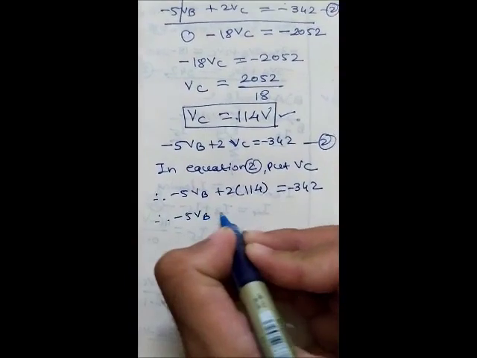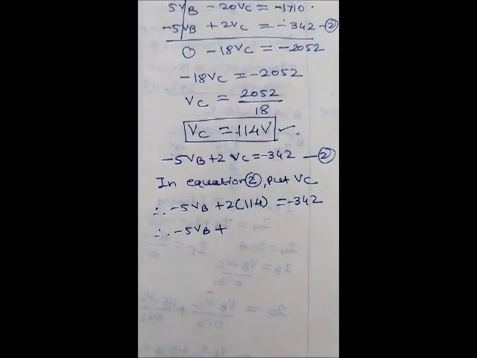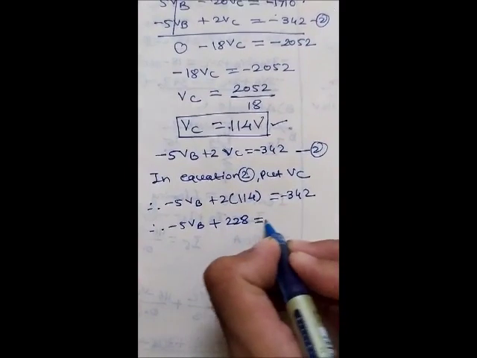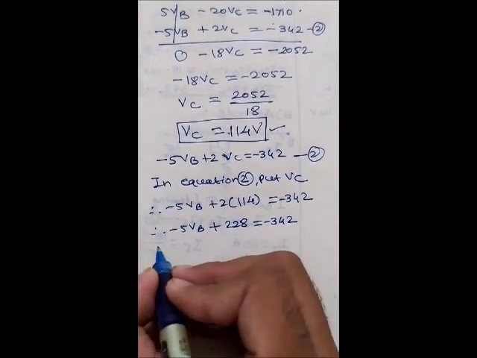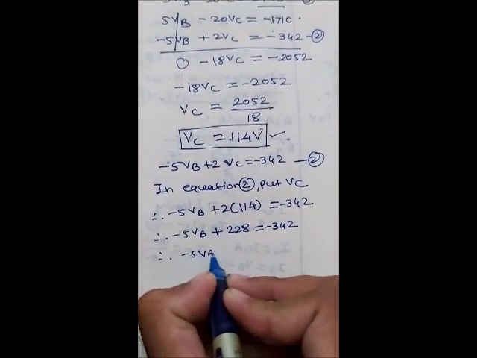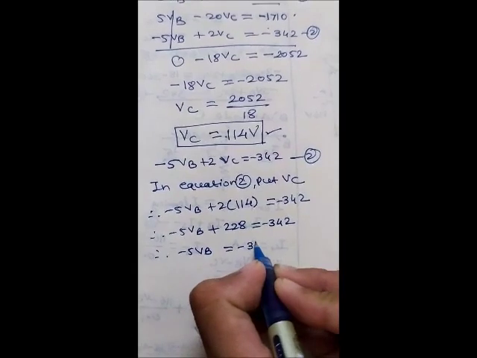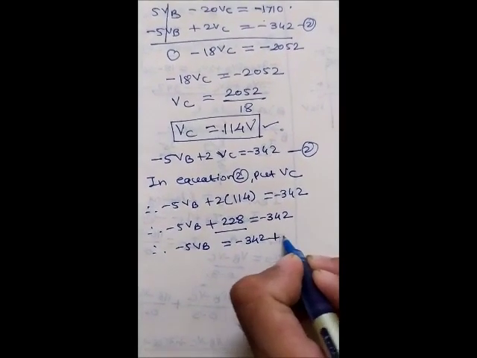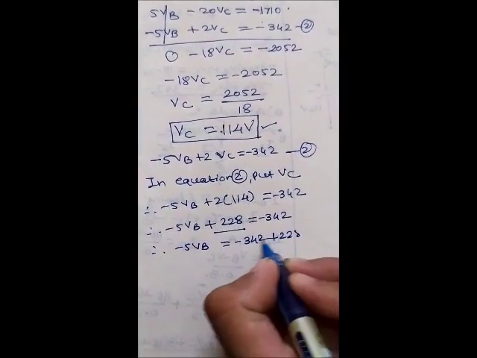Minus 5VB plus 228 minus 342. Therefore minus 5VB is equal to minus 342 minus 228, as 228 goes to the right hand side.